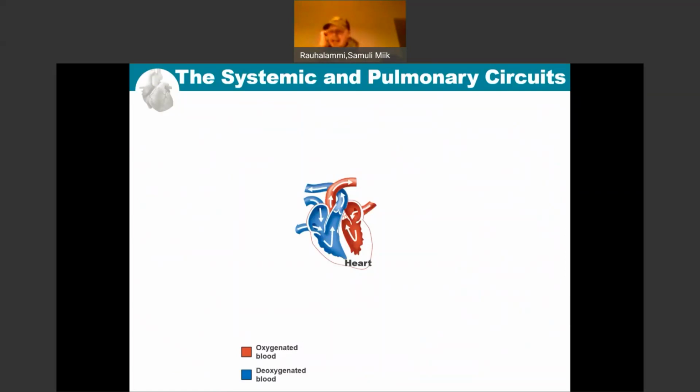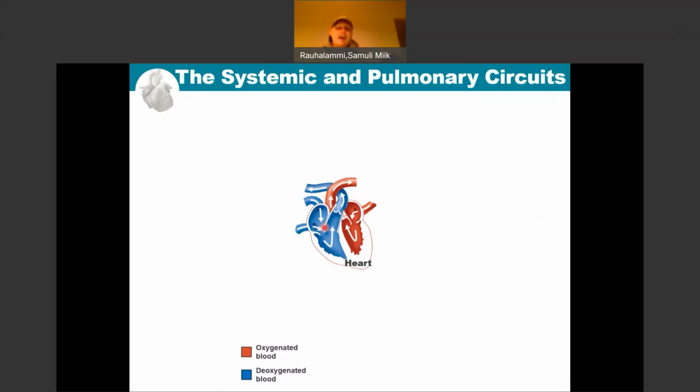But before we get into that, I wanted to remind us of the basic concept that the human heart is sometimes described as being two hearts beating as one. So what you'll notice is that we have a left and right side of the heart. And remember, this is left and right from the viewpoint of the patient. So we're going to have here the right side of the heart, and here the left side of the heart.